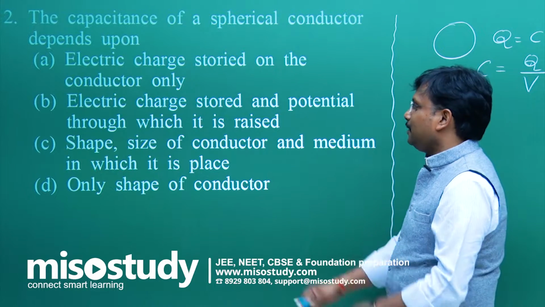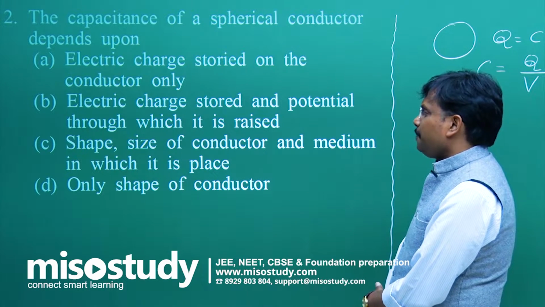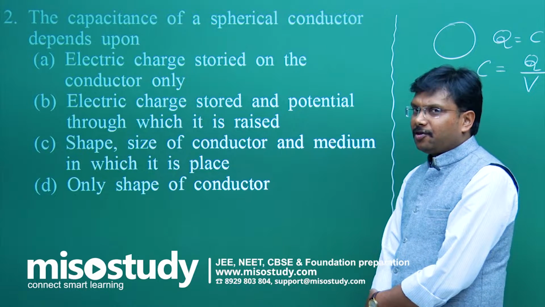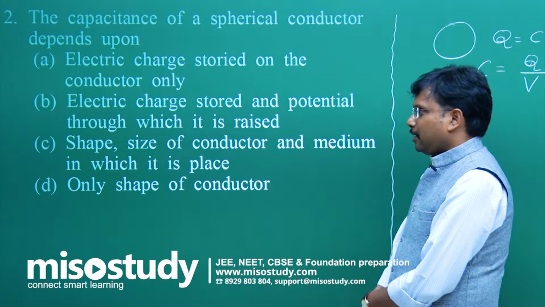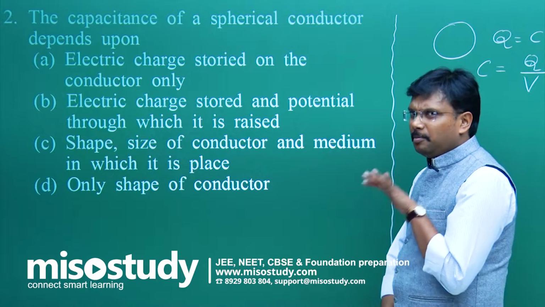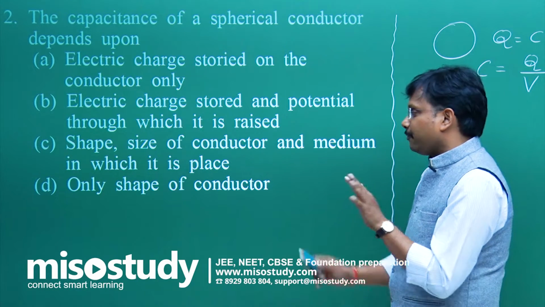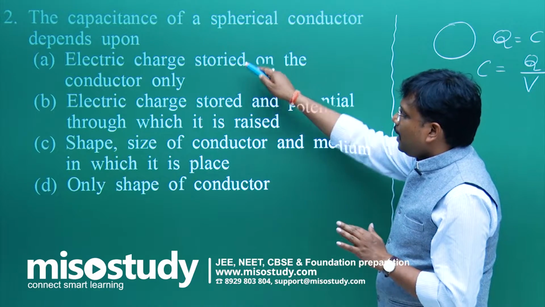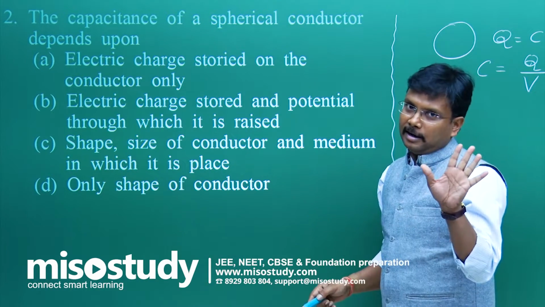Correct answer? Fine. Then is shape, size of conductor and medium in which it is placed. Okay, shape, size and medium also, it seems it may be. Fine. Only shape of the conductor, no. So A and D are outrightly rejected.